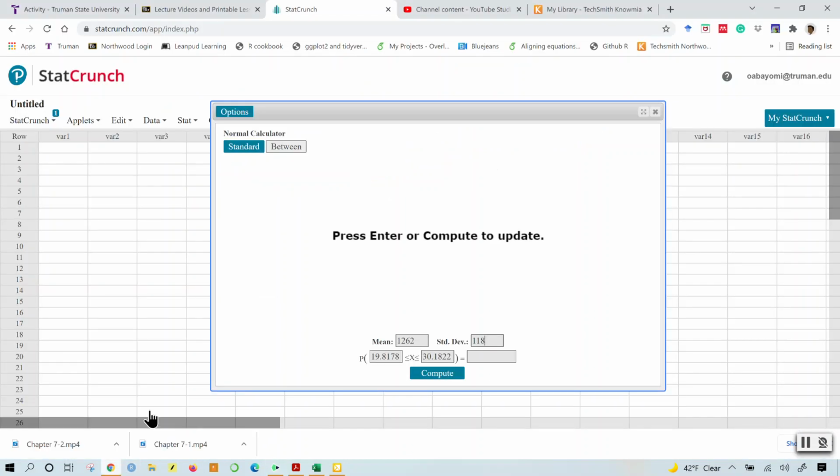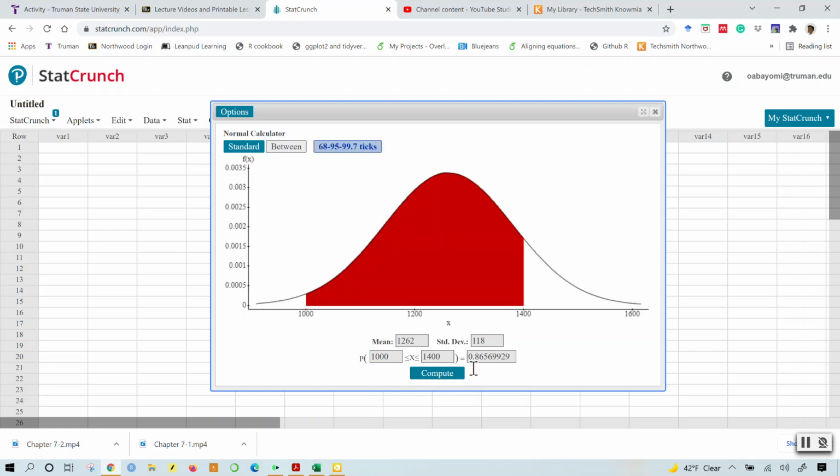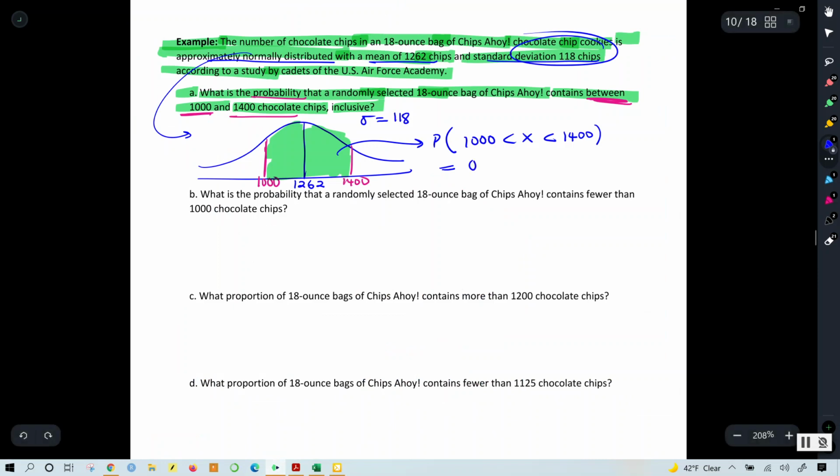So going back to StatCrunch, I make sure I have the right interface, between 1,000 and 1,400, and I will compute that. This is 0.8657. So taking that back to the working board, this will be equal to 0.8657.